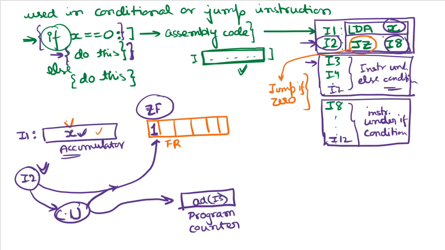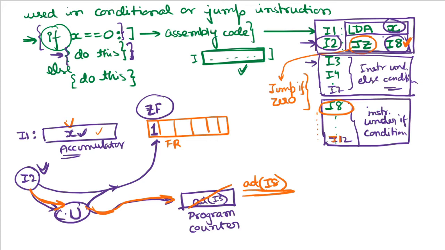So it will change this value to the address of I8, and this address of I8 is actually present inside the instruction. So the control unit will know where exactly we want to jump our execution. The control unit will take the address from the instruction itself and put this address into the program counter. Okay, so in this way our next execution will be of instruction I8, and so on.